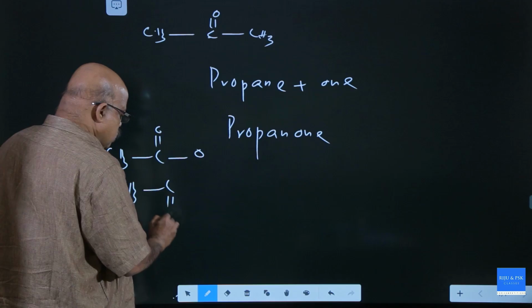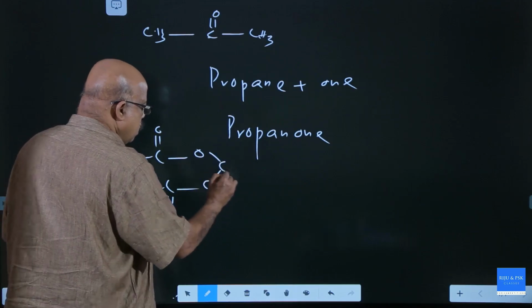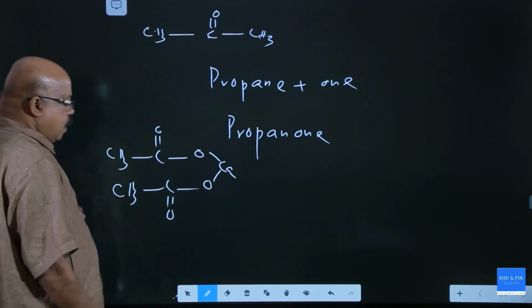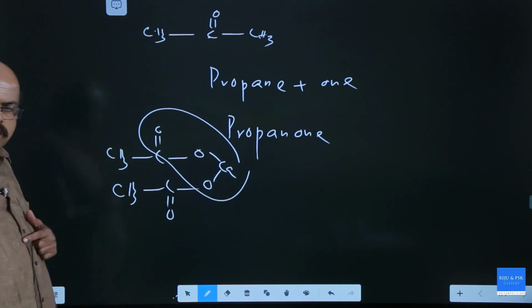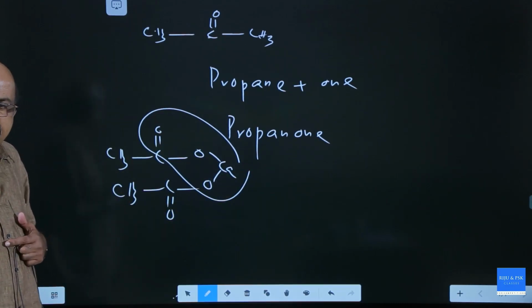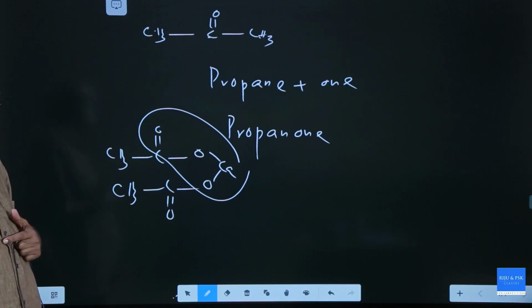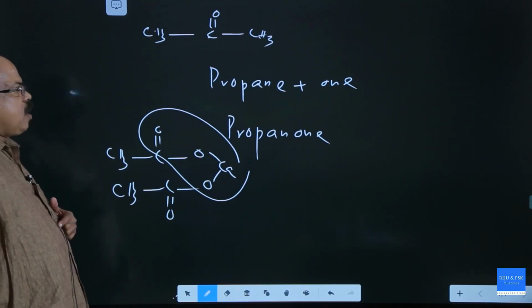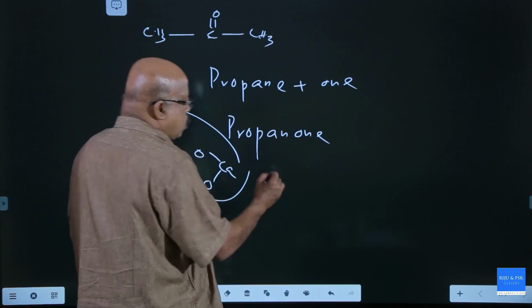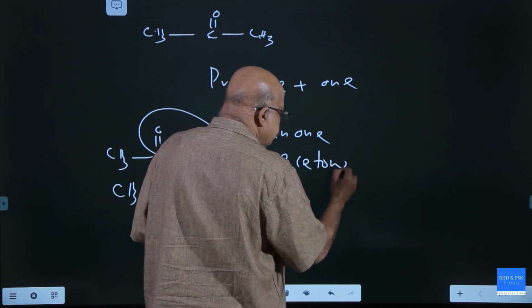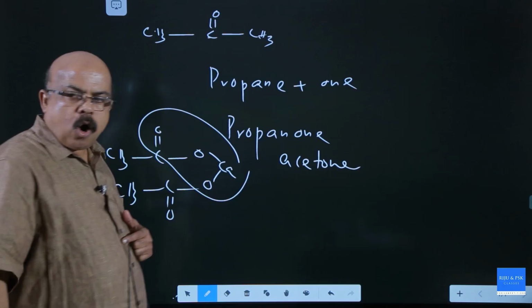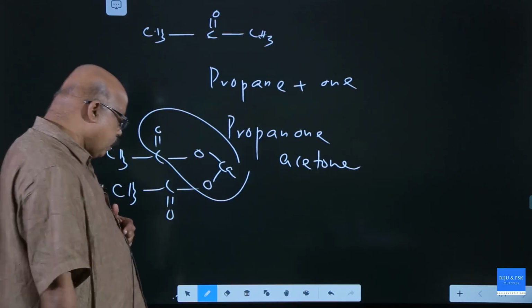When calcium acetate is dry distilled, you will get this compound CH3COCH3. Since it is obtained from an acetate, it is commonly called acetone. Common name of propanone is acetone.